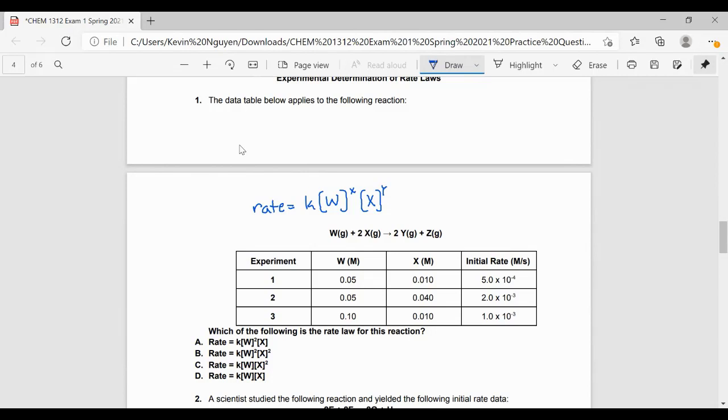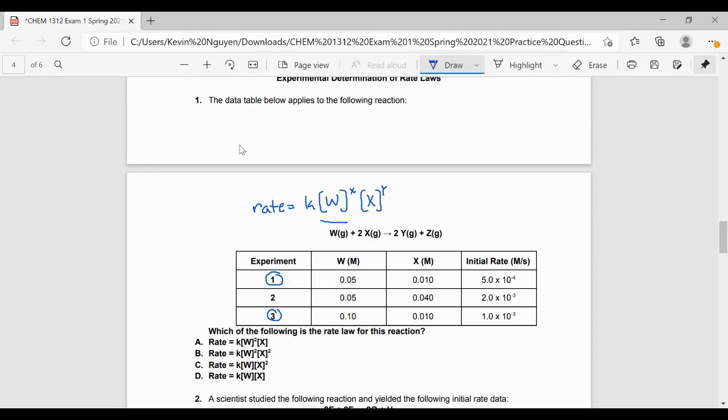All right, so we're looking for the exponents, basically. Let's try to figure out the exponent for W first. Let's look at the ones where we change the value for W but keep the concentration for X the same.